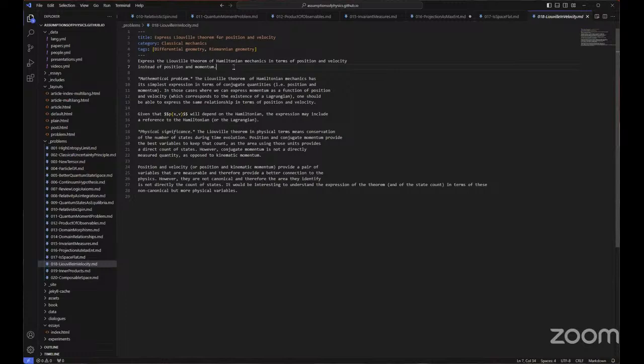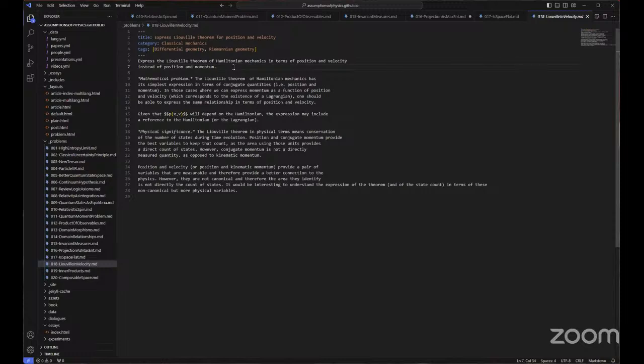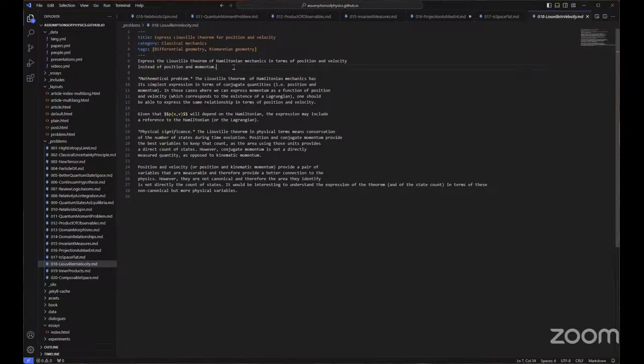Okay, can I try to rephrase? Since Liouville's theorem says that basically my symplectic form on the cotangent bundle is conserved during evolution, right? Yes. So you want a statement not on the cotangent bundle, you want to measure states on the tangent bundle. And the dual vector space is related to the vector space via the metric, right?